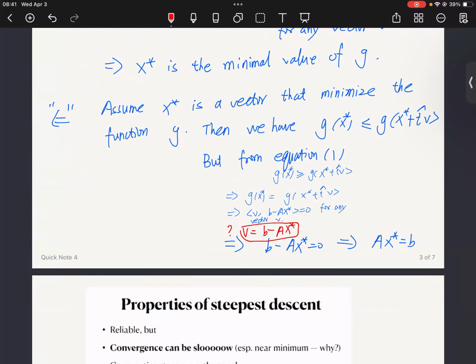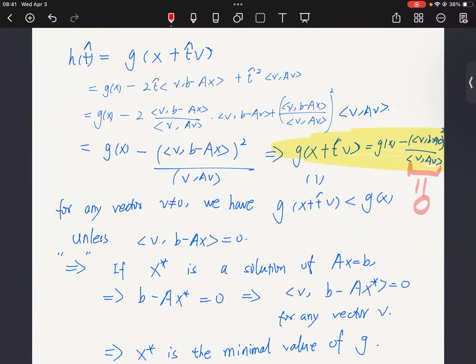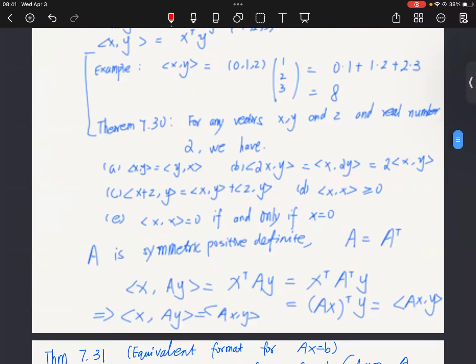So this gives us b minus Ax star, and then the inner product of b minus Ax star with itself is the same thing, and it equals 0. And then from that property, we get b minus Ax star equals 0. Does that make sense? This comes from the property of the inner product.